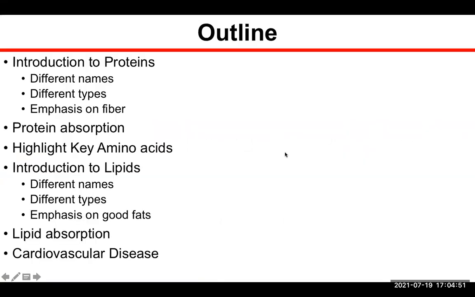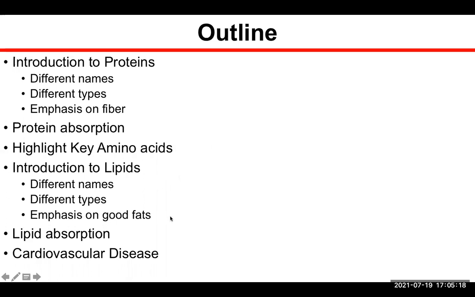So for today's outline, I'm going to give you a brief overview of proteins. You've seen them before. And I'll talk about the different compositions of them. And then, oops, I have an error here, emphasis on fiber, my mistake. Wrong lecture. Now I'm going to talk about how proteins are absorbed, and I'm going to highlight some key amino acids that I think are pretty important to be aware of.